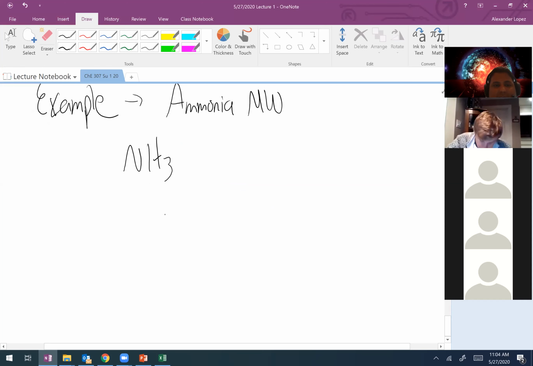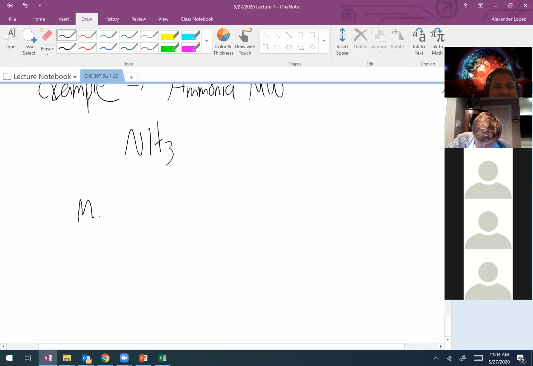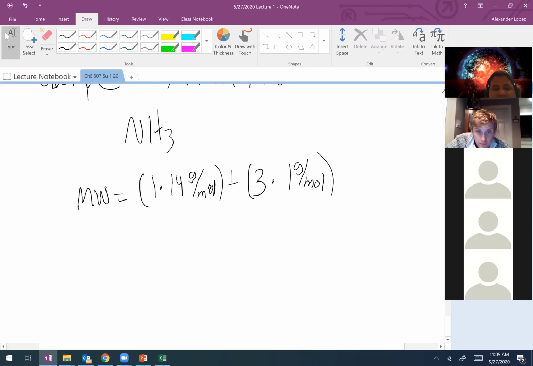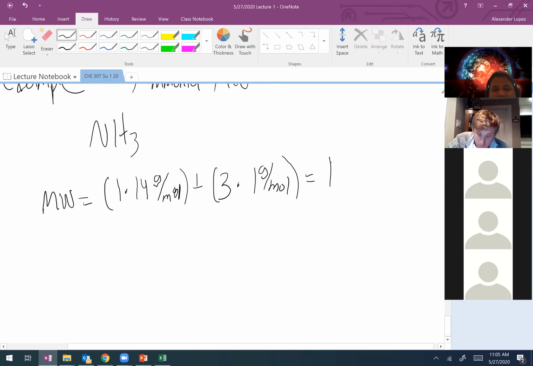We have to say, okay, to find the molecular weight of this, there's one atom of nitrogen. Nitrogen has a molecular weight of 14 grams per mole. Hydrogen, there are 3 atoms of hydrogen and has a molecular weight of 1 gram per mole. So this gives us a molecular weight for ammonia of 17 grams per mole.